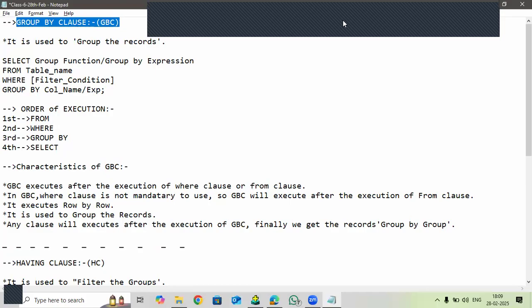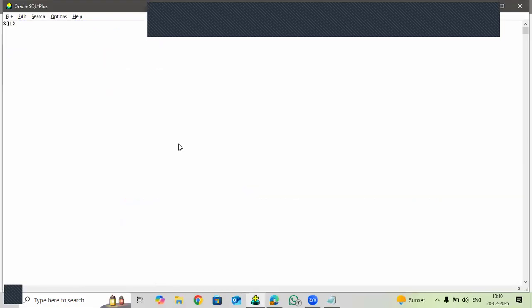Underline the word each. Whenever you get a word called each, that means we have to use group by clause. In any query, if we find the word each, it means we have to use group by clause.